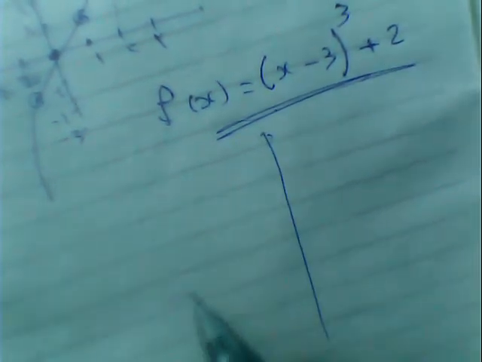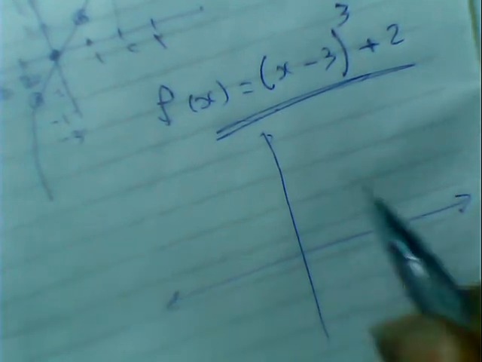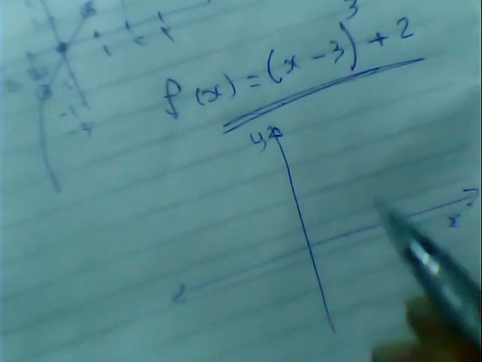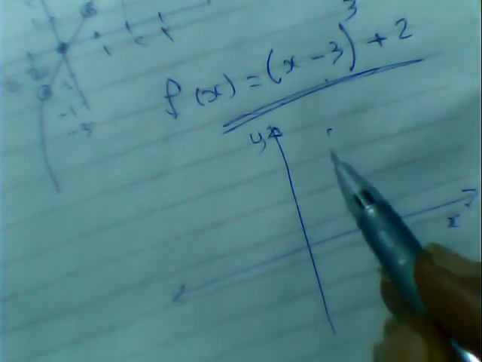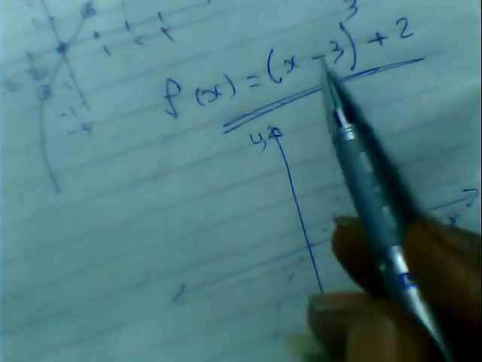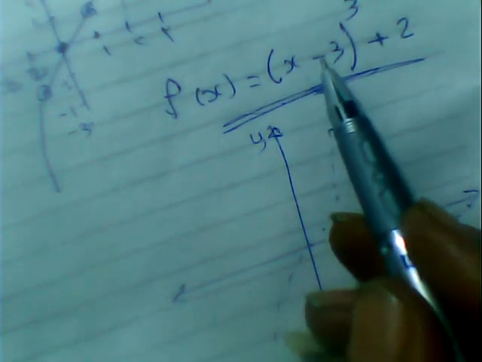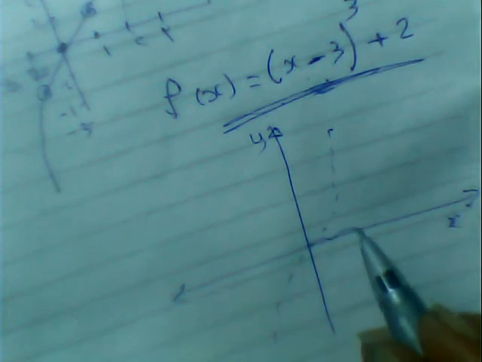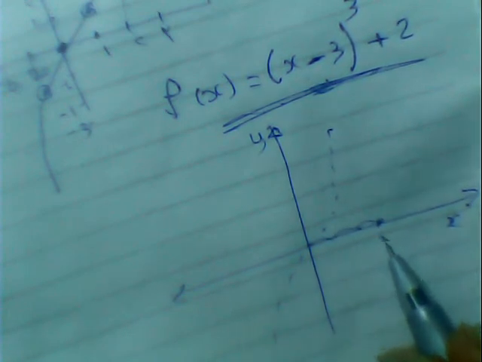Okay, you draw the x axis and y axis. The first step, you know already, is x power 3, but this moves 3 steps to the right side, 1, 2, 3 here.